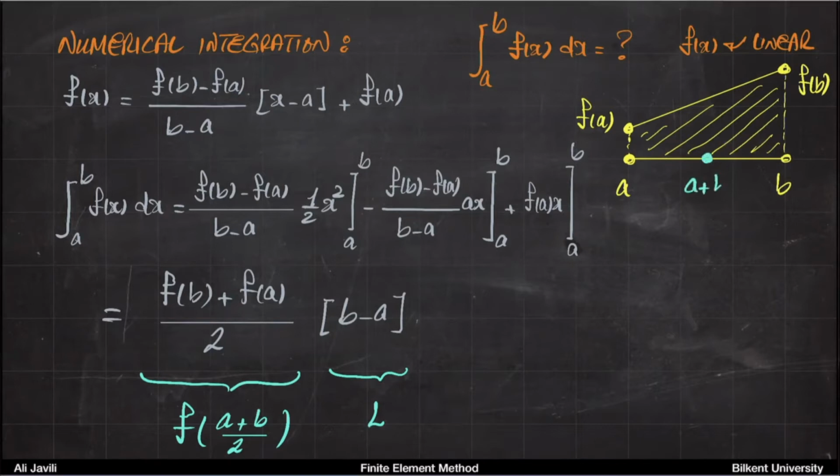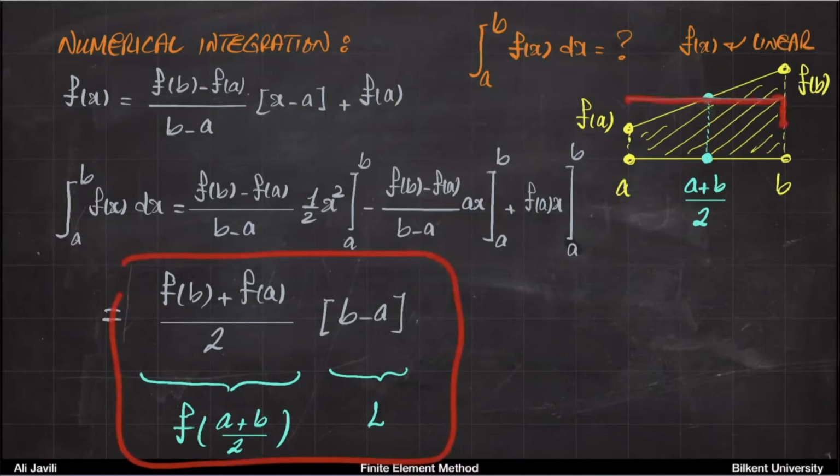It seems like I am telling you this point, a plus b divided by 2, is a very interesting point, because if you evaluate the function at that point and you multiply that value by the length of the line, you get the area, which, looking at the picture, makes so much sense, because this thing is basically the area of this rectangle, okay?